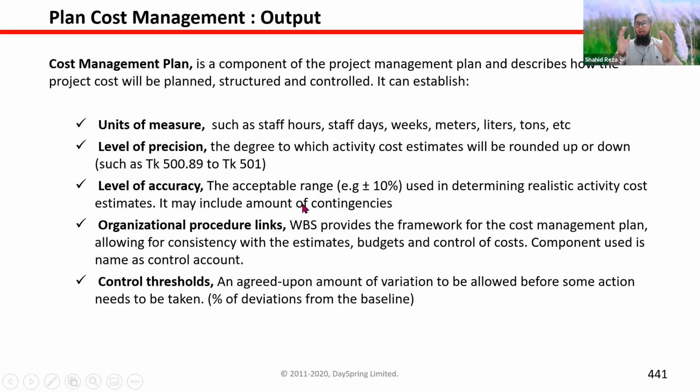Then you have to estimate that definitively. And the organizational procedure links, cost control threshold: you have to put a bar, how much maximum you can spend. That also comes from sponsors or stakeholders, their mindset and their financial capability.